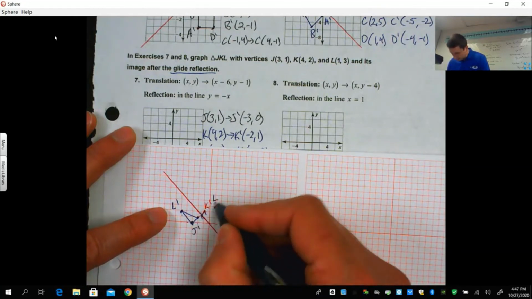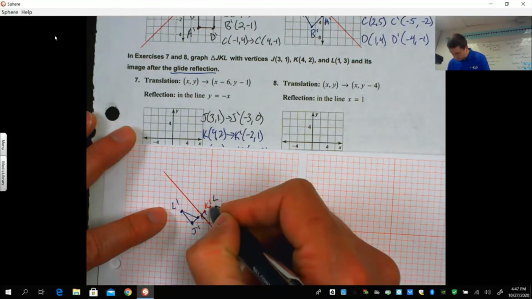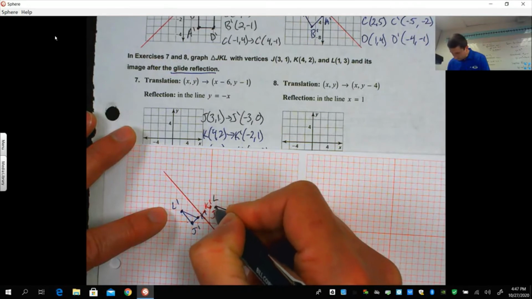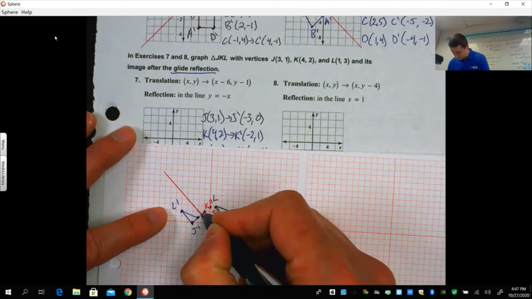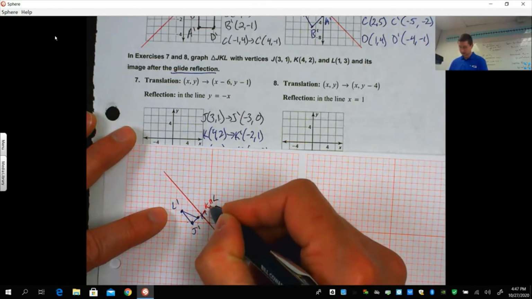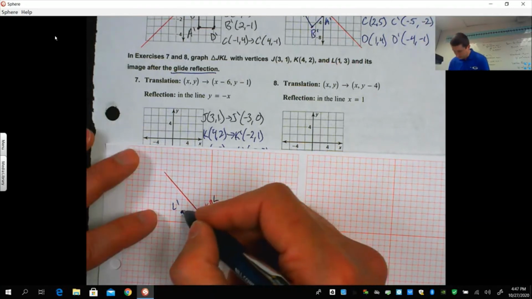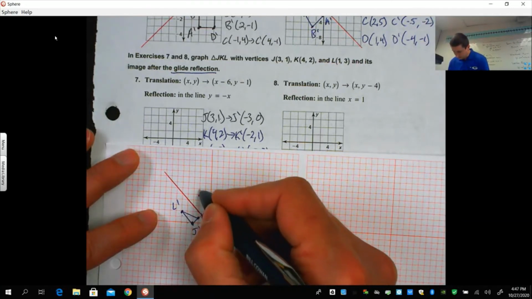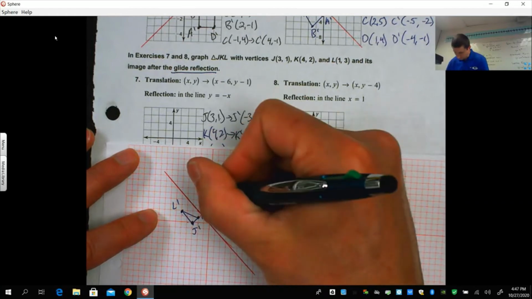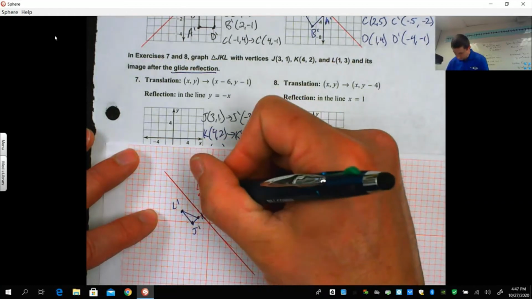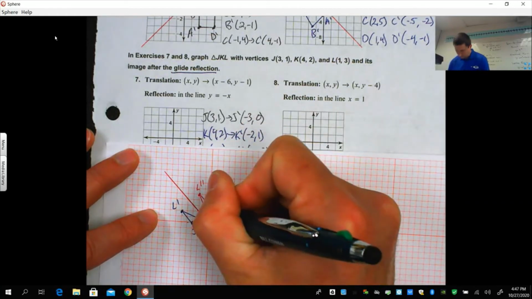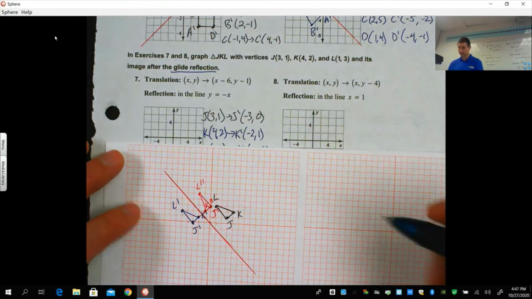J should be right there. Sorry, this should be double prime. So K double prime is there. J double prime is right there. Kind of squeezing in there. L double prime would be right there. All these should be the same size, same shape.